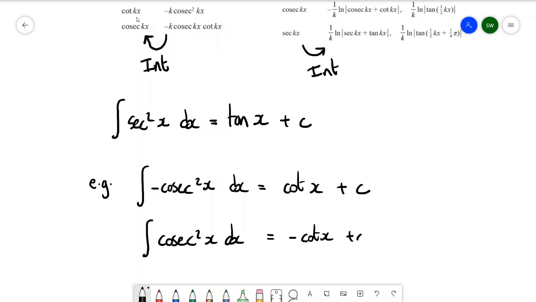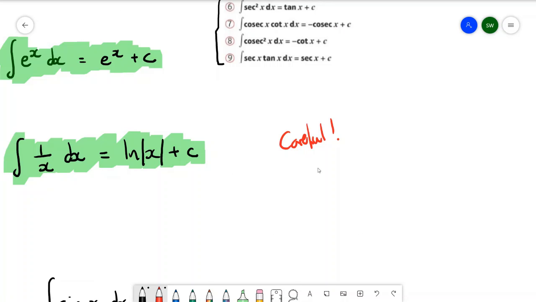Something to be careful of with these integrals is that you can't replace x with any function of x. For example, if you were integrating e to the 3x, you might be tempted to take this formula and replace x with 3x, and say that it's just equal to e to the 3x plus c.